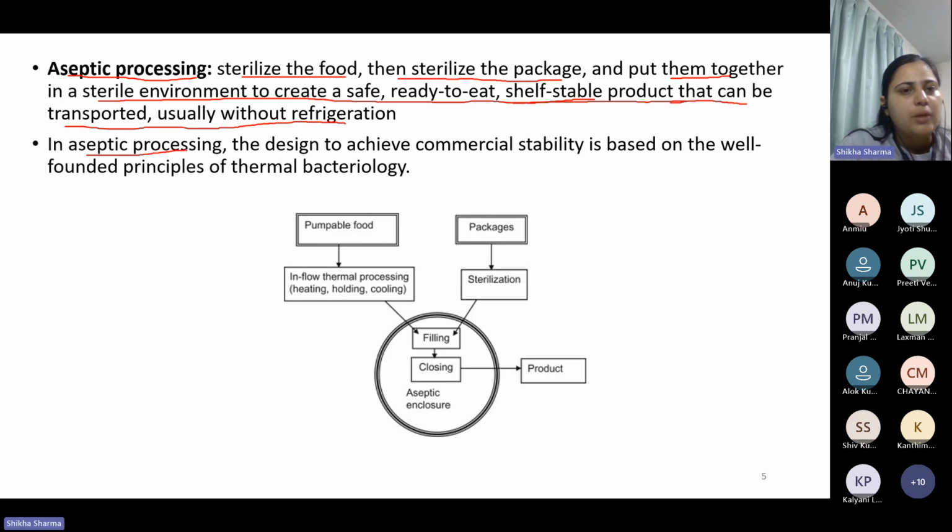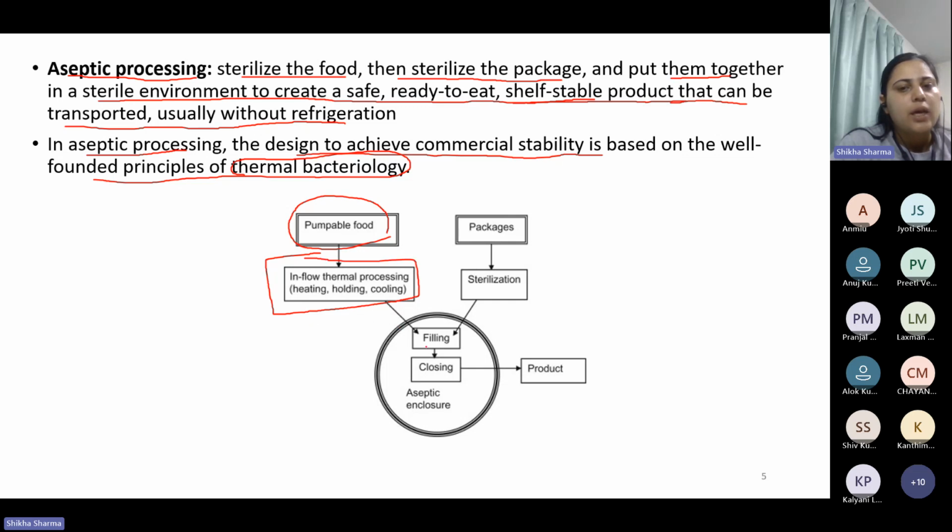In aseptic processing, the design to achieve commercial stability is based on the well-founded principles of thermal bacteriology. So we know that here is our food. Food is coming in flow, thermal processing is happening, which means it is a sterilization process.